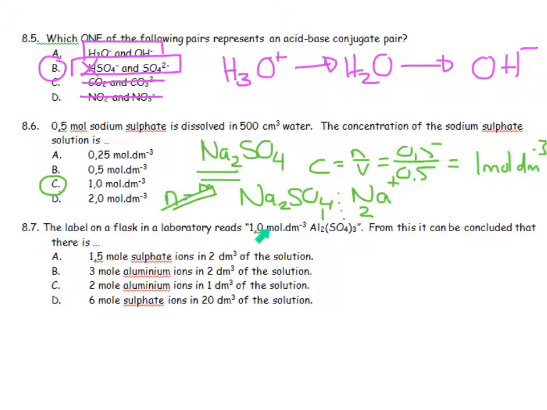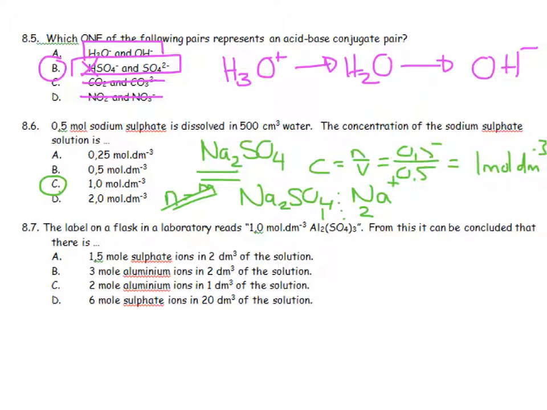We have got 1 mole per cubic decimeter, and there's aluminium ions that they're asking about here, and sulfate ions. So it would be 2 moles per cubic decimeter of aluminium ions and 3 moles per cubic decimeter of sulfate ions.